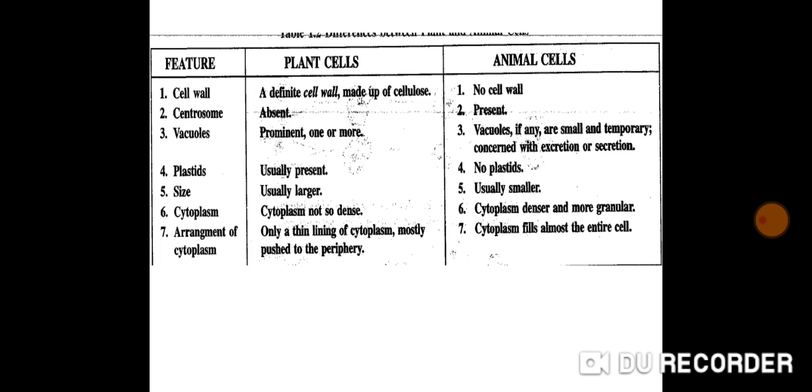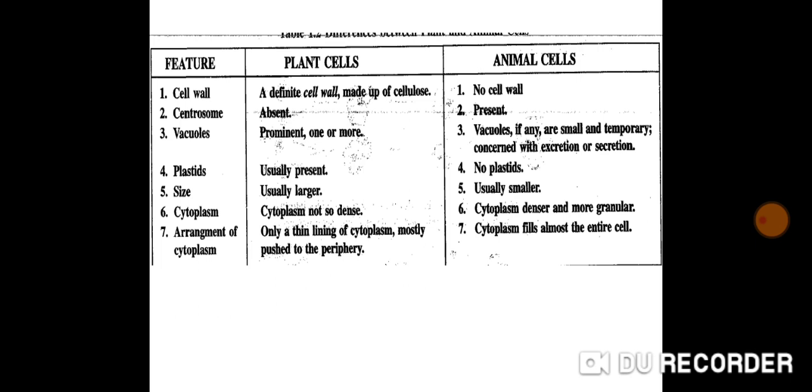Centrosome is absent in plant cells and it is present in animal cells, and its prominent role occurs during cell division. Vacuoles are prominent, and these vacuoles can be one or more. They are present in plant cells. They are required for maintaining the cell structure in plant cells. And vacuoles, if at all present in animal cells, are present in very small number and smaller size.